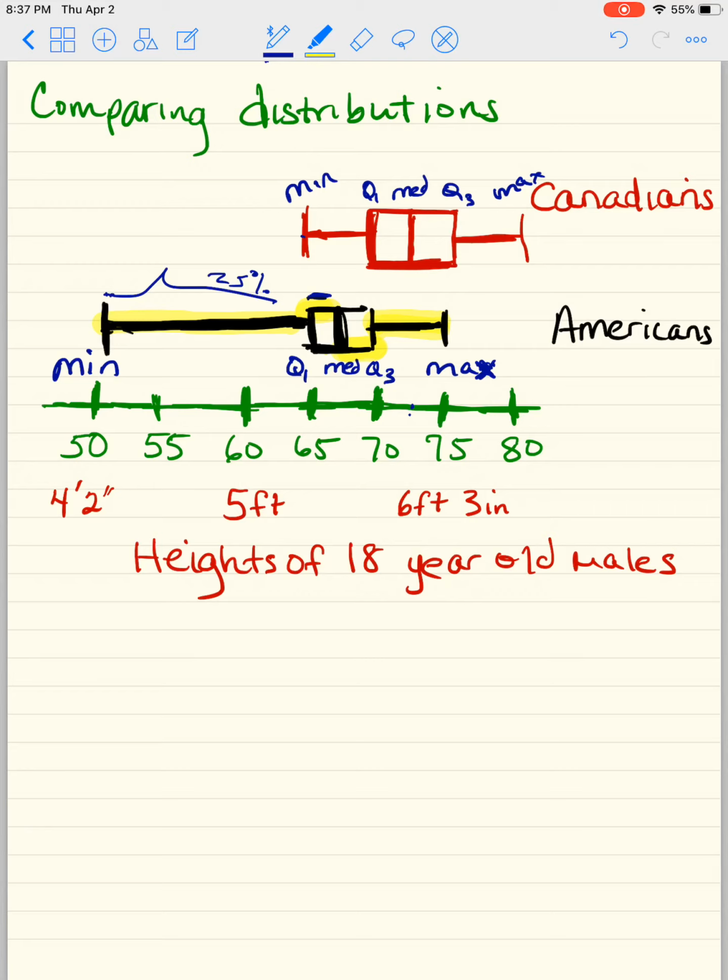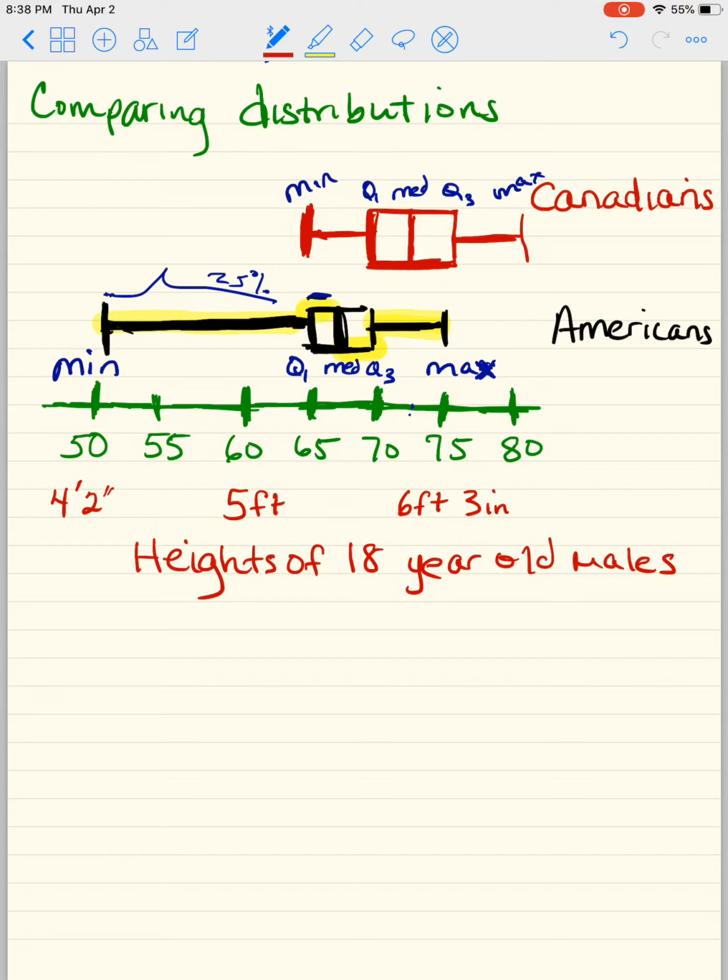So, to continue, let's take a look at some of the important features here. Right now, the minimum for Canadians is 65 inches. And the Q1 for Americans is 65 inches.